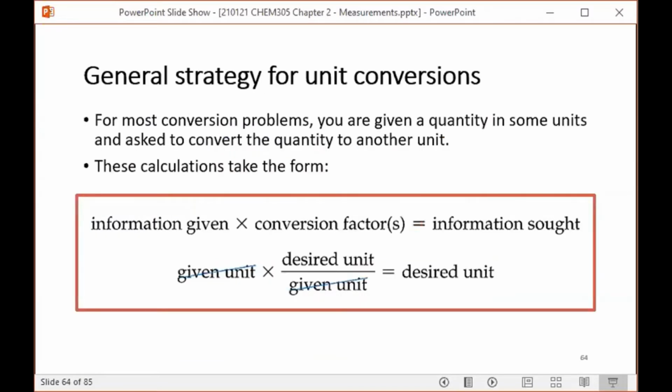And so the general strategy for unit conversions and dimensional analysis is that you take your information that you're given and you use a conversion factor to get rid of the given unit, to cancel it out in the numerator and denominator, so that what you're left with at the end of the conversion is your desired unit, what you're trying to find. And again, units cancel out just like numbers. So a unit in the numerator, if you have that same unit in the denominator, it will cancel out.